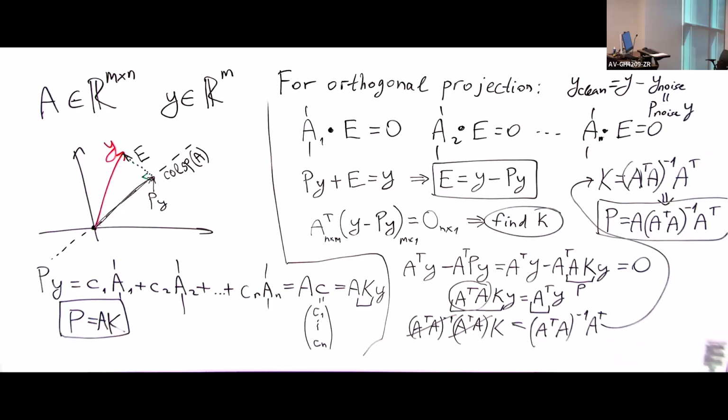Now the dimensions of P noise, this matrix. What should be the dimensions of P noise?